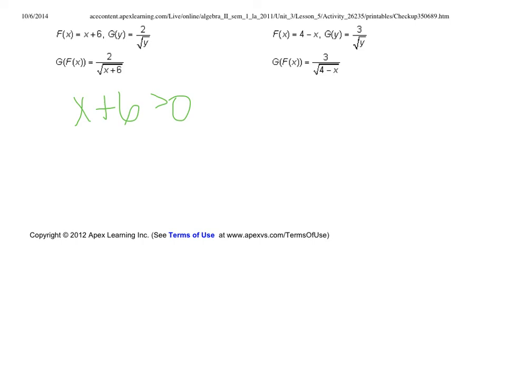Because it can't equal 0, because the square root of 0 is 0, and then in my denominator I would have 2 over the square root of 0, which would be 2 over 0, and that's going to give me an undefined answer.